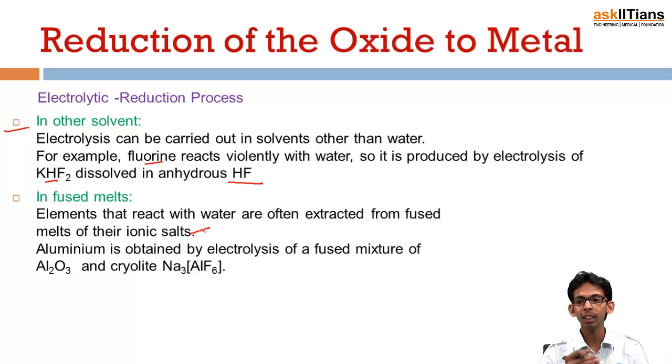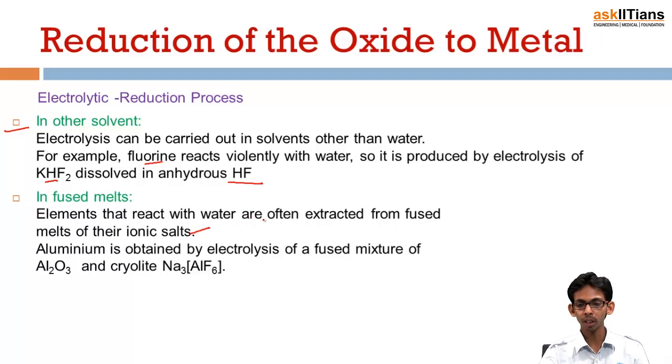In the electrolytic cell, we add the metal ore and then pass electricity so that the metal melts, and for reducing the melting point we add some external salts which are called flux. The melting point decreases, so we need not use any other solvent, we just melt the ore itself to make liquid. So that is this type of electrolysis in fused melts.